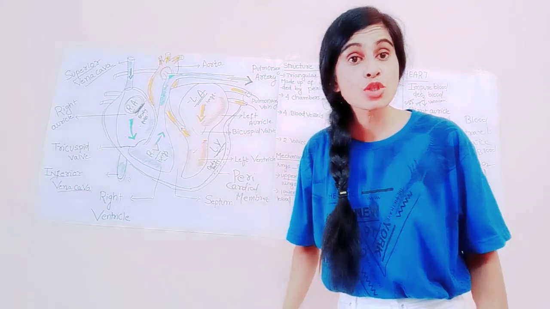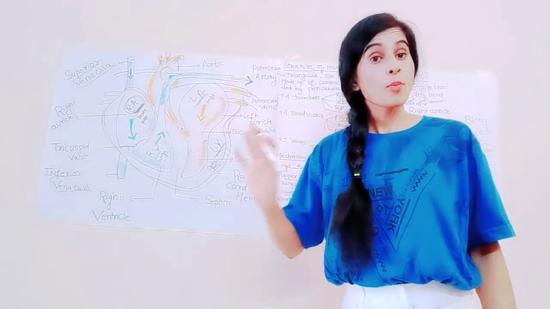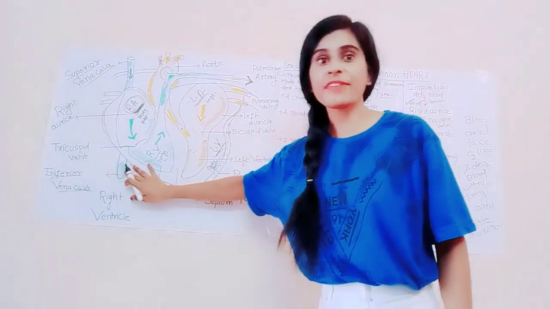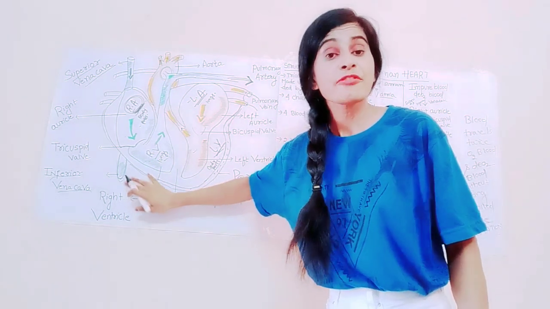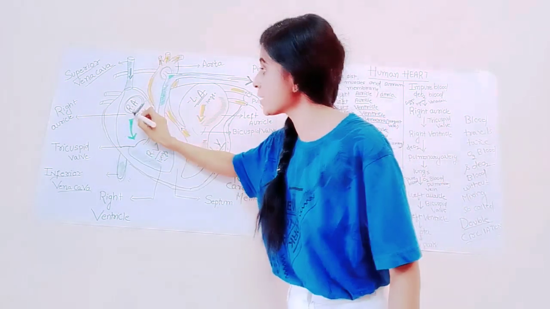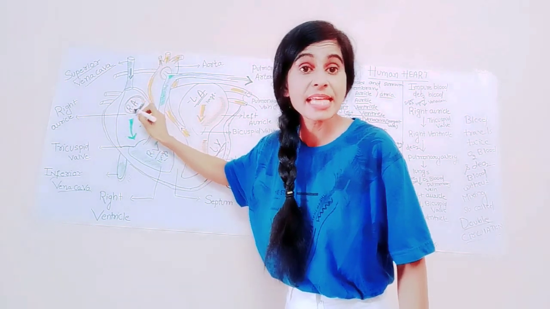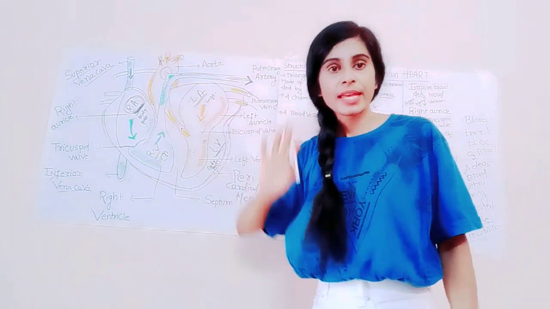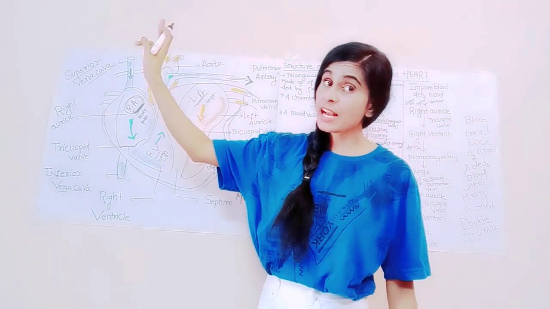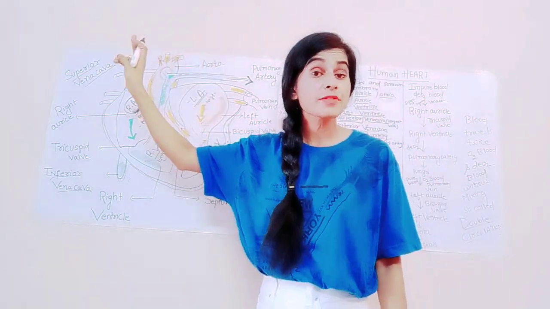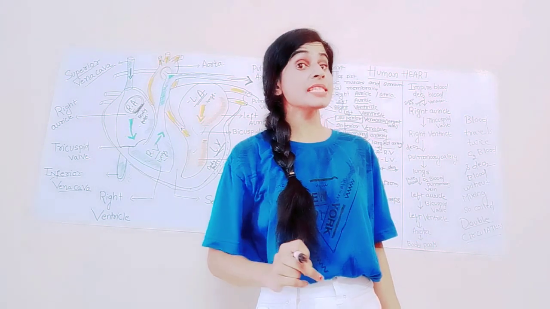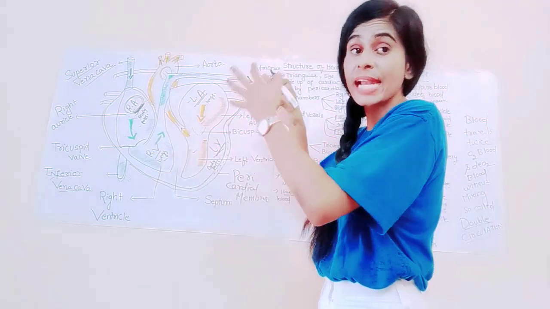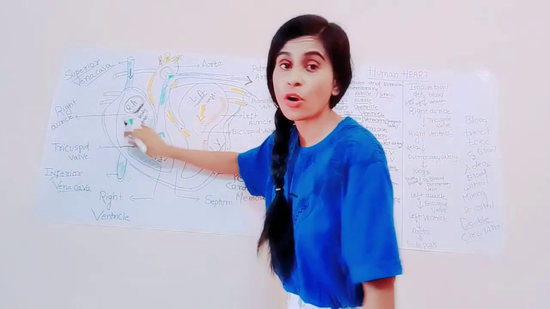Both veins: the superior vena cava from the upper part and the inferior vena cava from the lower part receive blood and send it to the right auricle. Remember, the superior vena cava receives blood from the upper part of the body and the inferior vena cava from the lower part, and both send the blood to the right auricle.